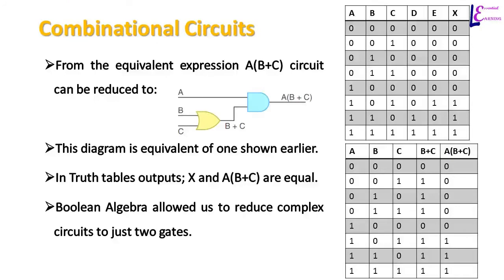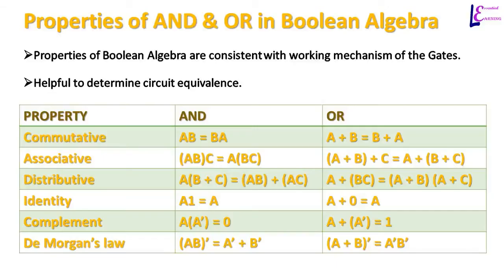Using this equivalent expression A dot (B plus C), we can also reduce circuits to only 2 gates instead of 3. To show that circuit or expression are equivalent, truth tables for both circuits are shown here. You can see the output X from first circuit and output A dot (B plus C) are equivalent.